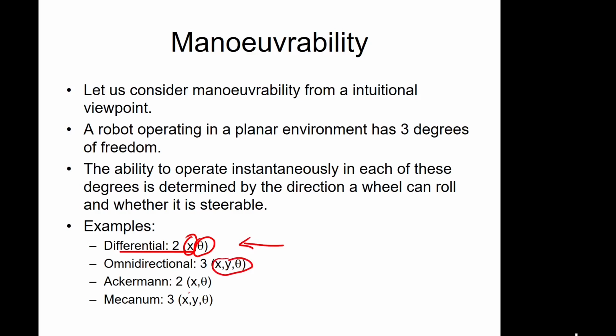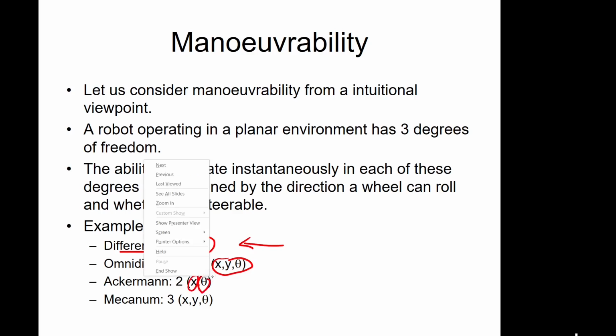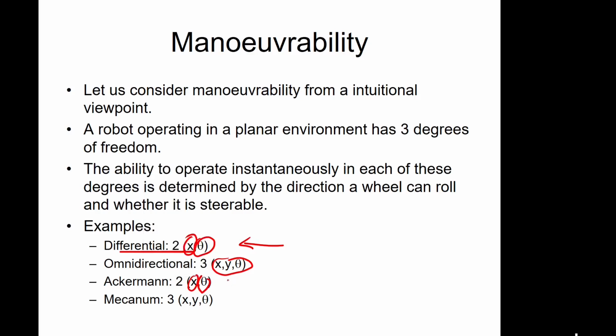The Ackermann, so our typical car, can move forwards and backwards. So it's got X. It can turn, so it has got theta as well. Turning is slightly different in this case because it doesn't turn instantly. It can only turn when you point the wheels and then move forward.